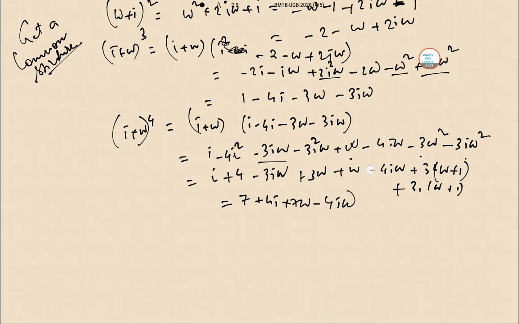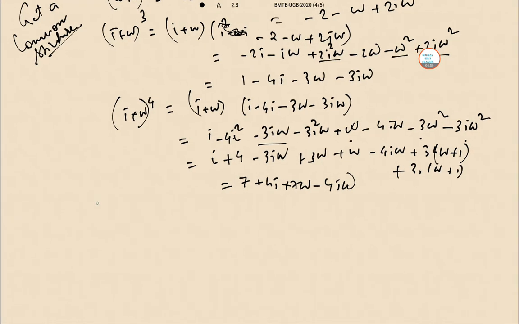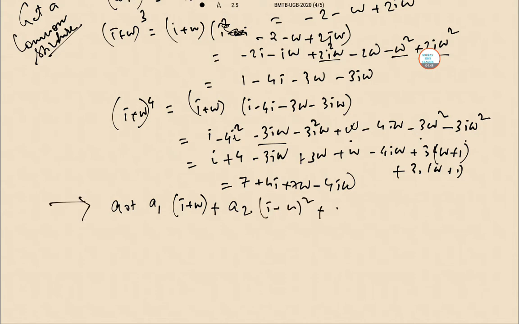As a result, if we put this into the structure, we get a0 plus a1 into i plus omega, a2 into i plus omega square, a3 into i plus omega cube, and a4 into i plus omega to the power 4.